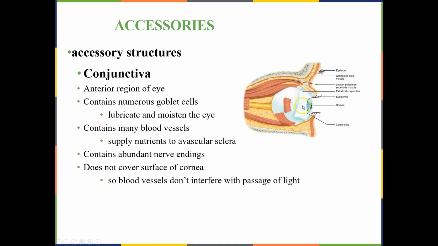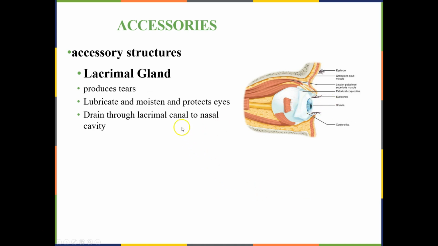And the goblet cells help to moisten and lubricate the eye, keeping the eye from becoming too dry. The conjunctiva does not cover the iris or the pupil, and this is important because the blood vessels would hinder light moving in.